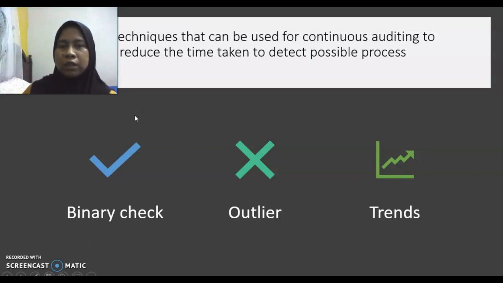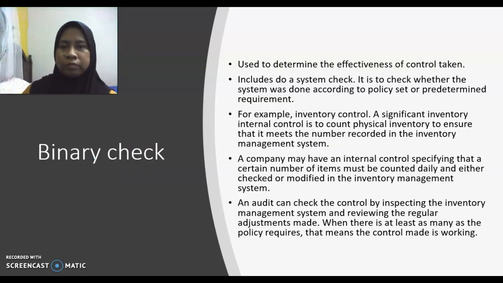Sorry if you can't see it here in the video, but you can have a look at the slides that we provide. The first one is binary check. The second one is identifying outliers. And the third one is looking at the trends.